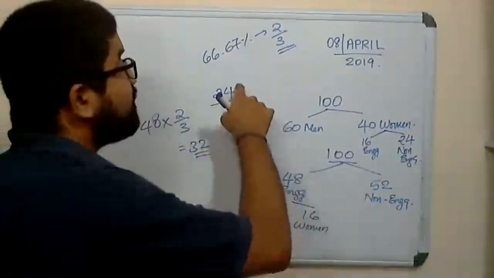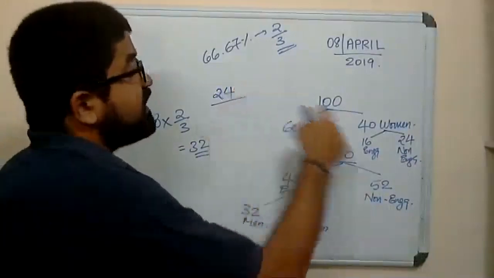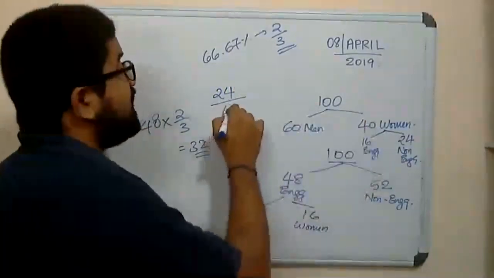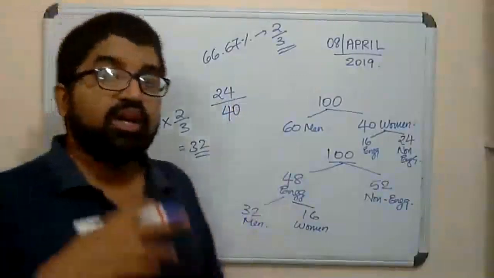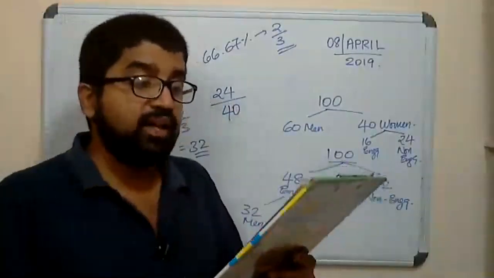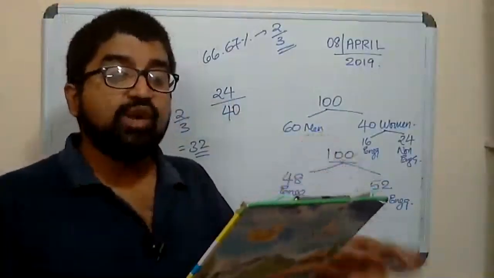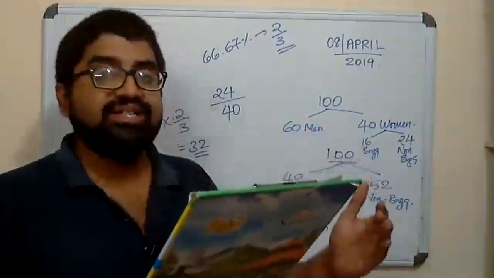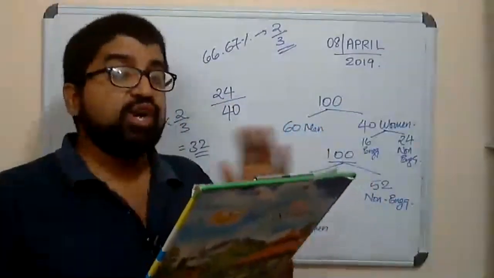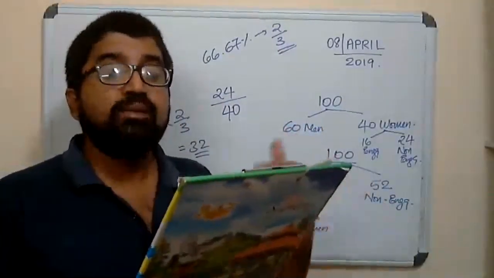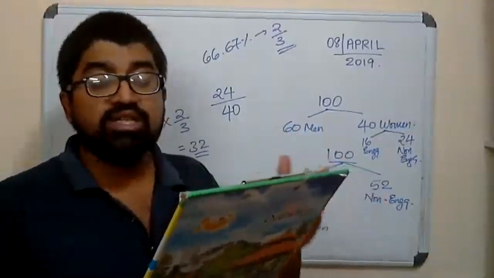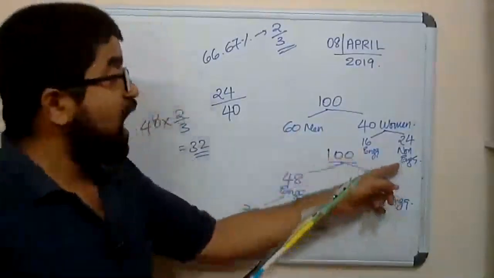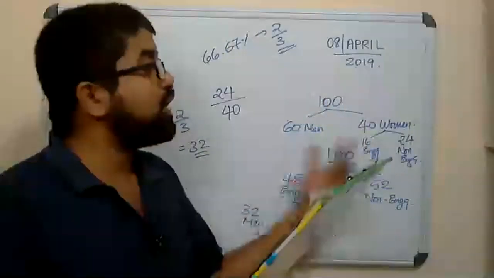So this 24 should be the numerator, and the denominator should be equal to 40, because they are asking what percentage of women are not engineers, not the number of women out of the total number of people who are non-engineers.